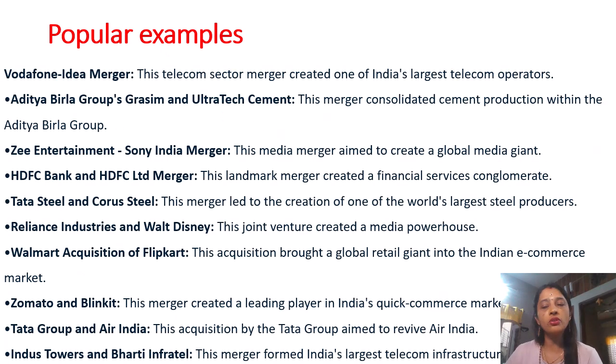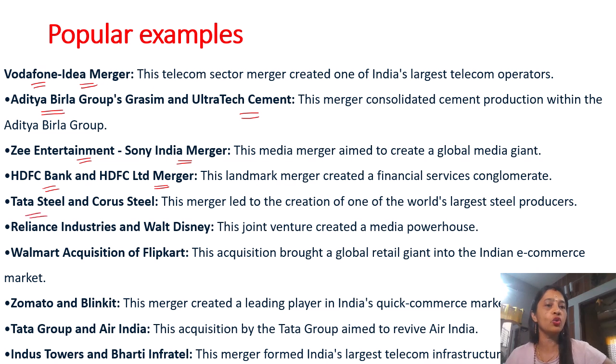When we talk about popular examples of merger, one example is where Vodafone and Idea merged together and formed into Vi. Then Aditya Birla Group, Grasim and Ultratech Cement merged together, and Zee Entertainment and Sony India merged together. HDFC Bank and HDFC Limited merged together.